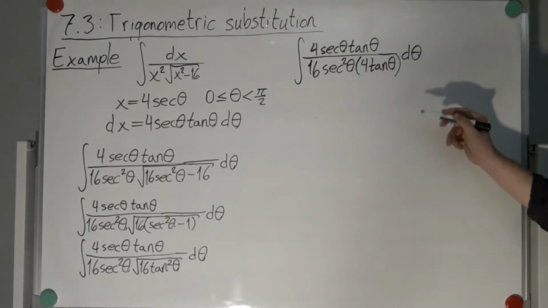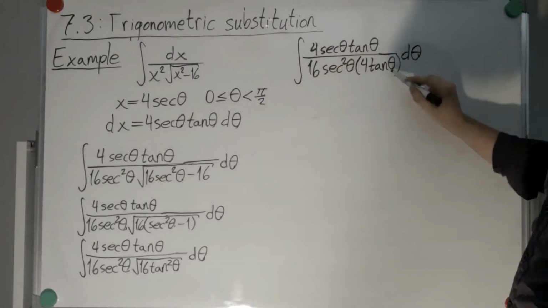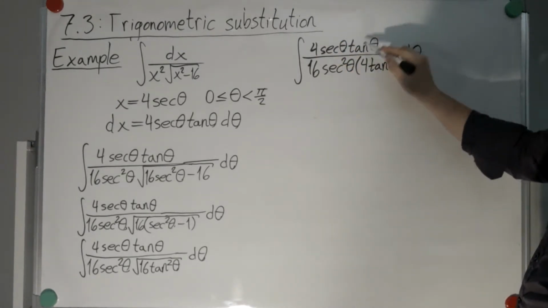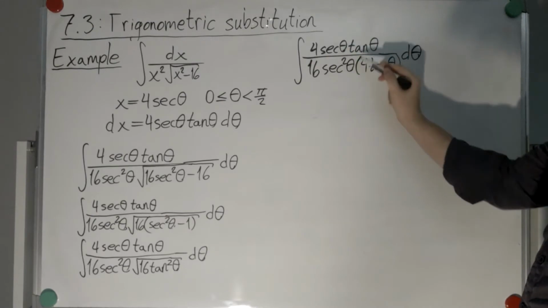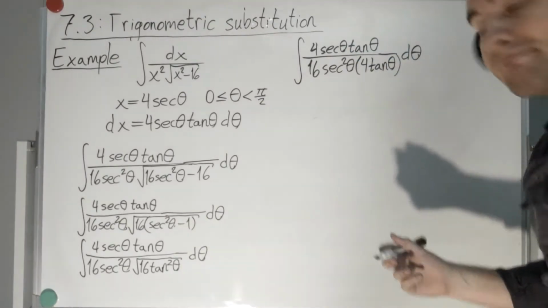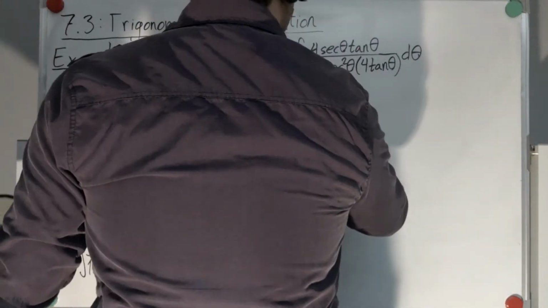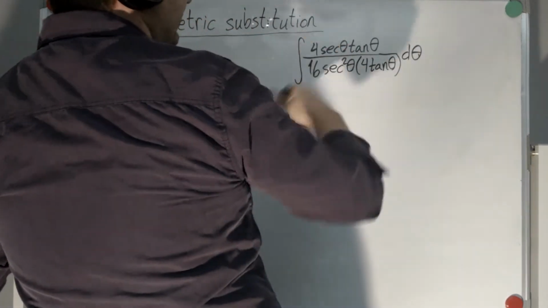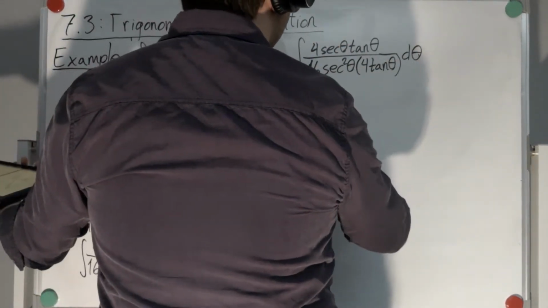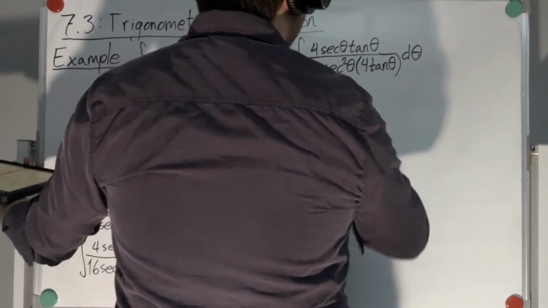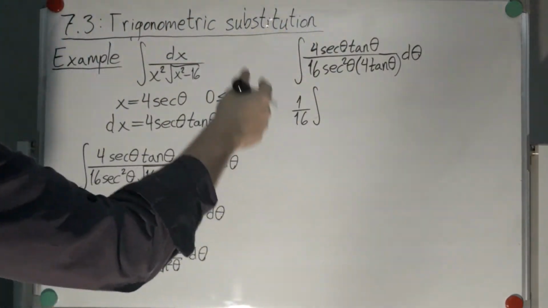Okay, so some things cancel. First of all, these 4's cancel from top and bottom. These tangent thetas cancel from top and bottom. And one factor of secant theta cancels from top and bottom, right? So what we get here is, well, first of all, we have 16 left over, so we can just take that out. So we have 1 over 16 times the indefinite integral of, let's see, what's left? Just 1 over secant theta d theta, right?